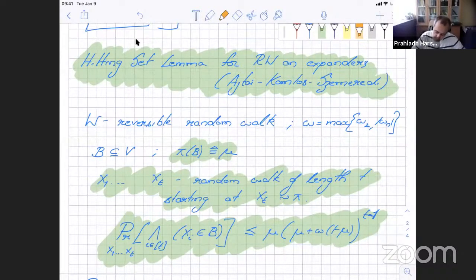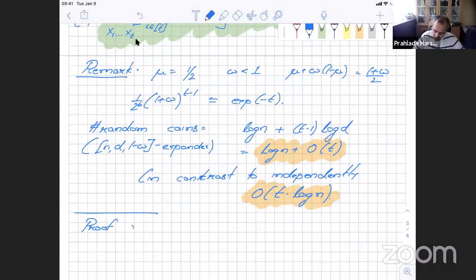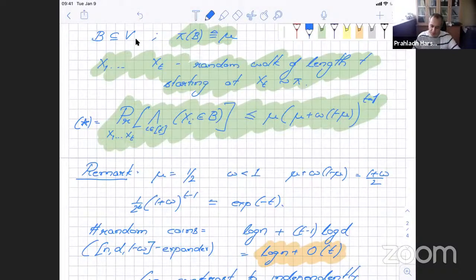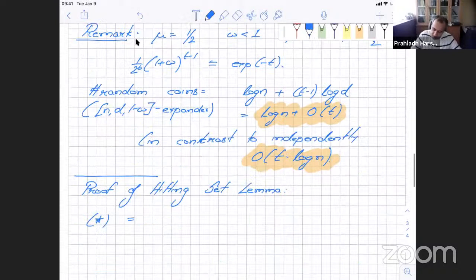Okay, so let's go into the proof. What I want to bound is this quantity, star. So let's write down what star is. Star is the probability that if you take t steps in a random walk, all the t steps happen to be in the bad set B. I'm just going to write this exhaustively as i1, i2, ..., it.